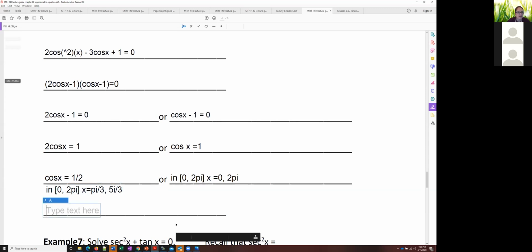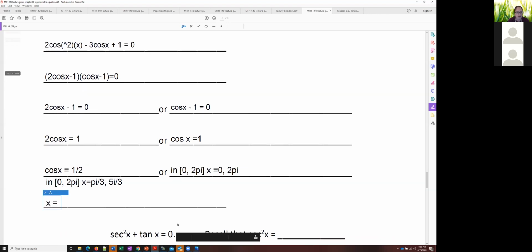All right, so putting everything together, we have x is equal to 0 plus 2n pi, pi over 3 plus 2n pi, and 5 pi over 3 plus 2n pi, where n is an integer.